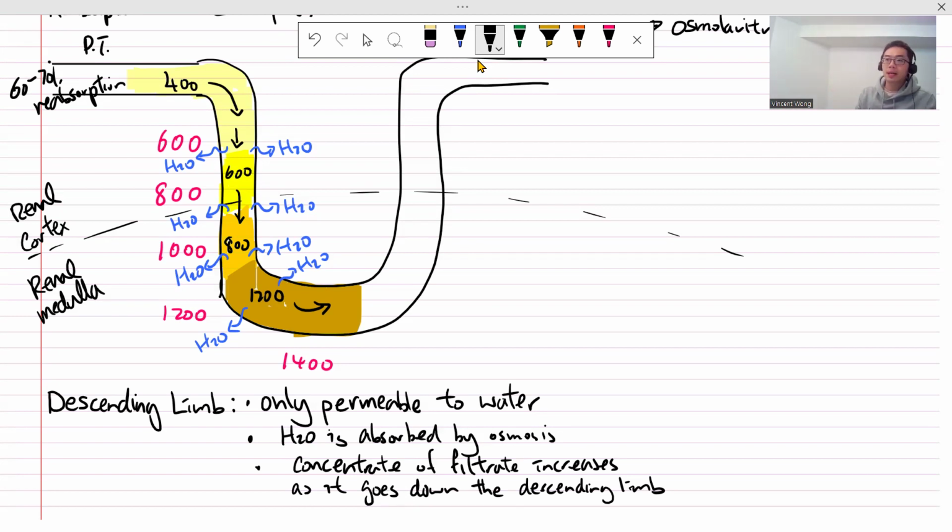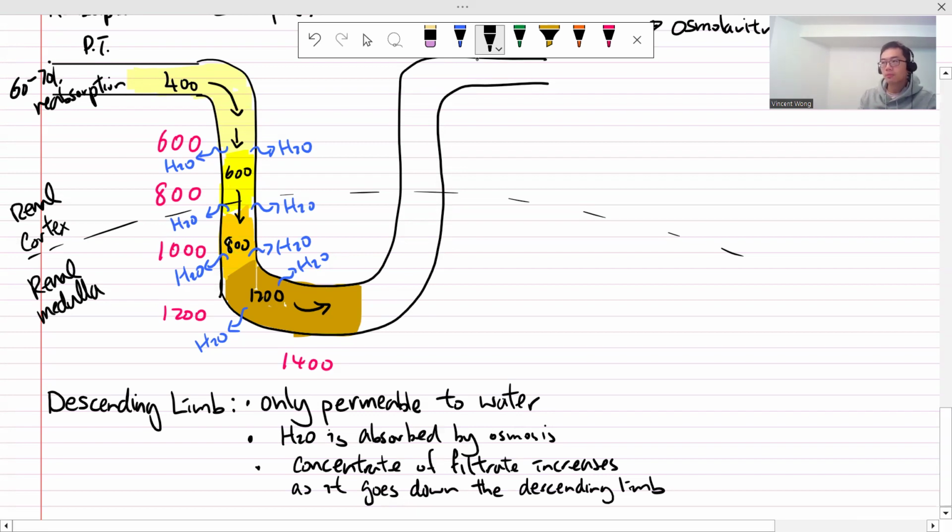So do you expect their loop of Henle to be longer or shorter or same as us? For an organism that lives in a hot or salty environment like the ocean, if their body needs to conserve more water, do you expect their loop of Henle to be longer, shorter, or same as us?